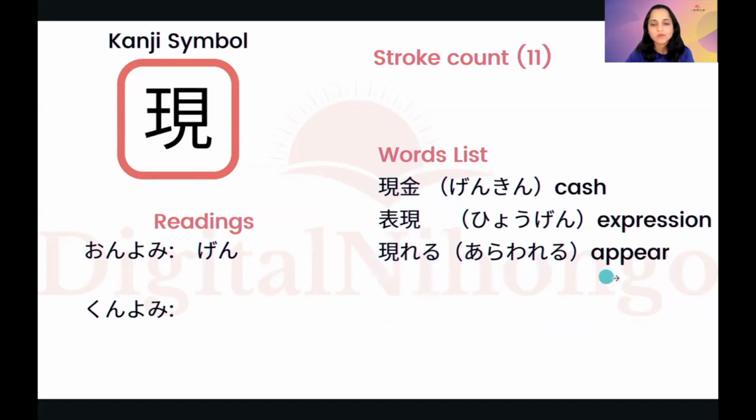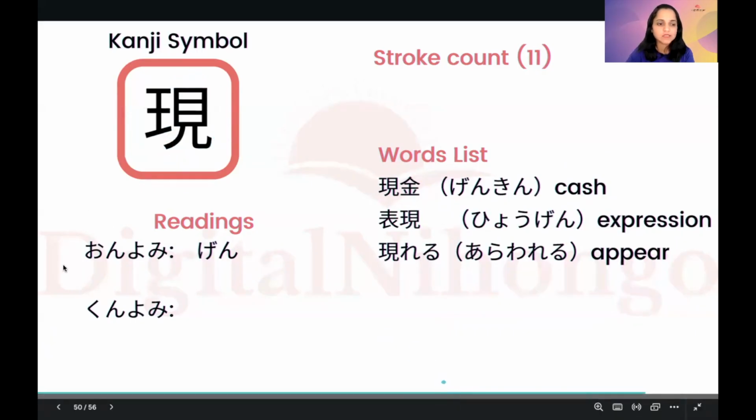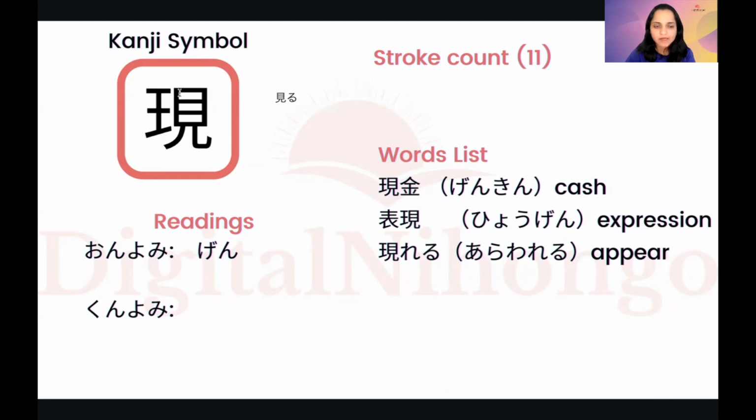And aravareru is to appear. So gen, you can see that this kanji is of miru, mimas, to see. That is the eye and these two strokes, mimas, miru. And this part is added to that kanji, that is gen. It's a simple kanji to remember.